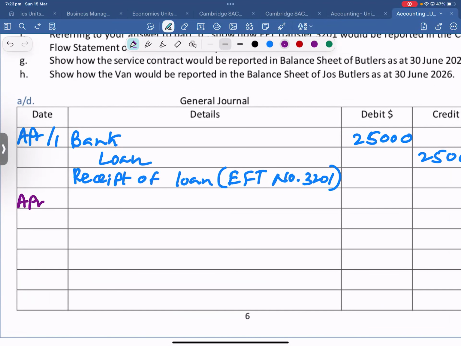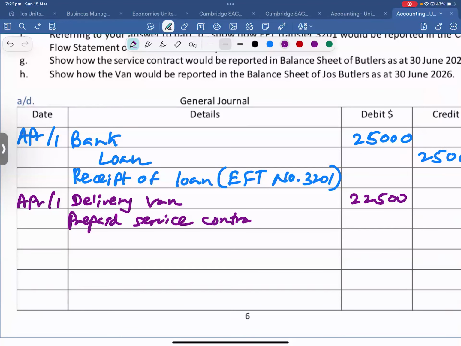Exactly. This is the one. It's meant to be cash. You have to write the date again. Do you have to write the date again? Yes. Why? Separate source documents. Correct.